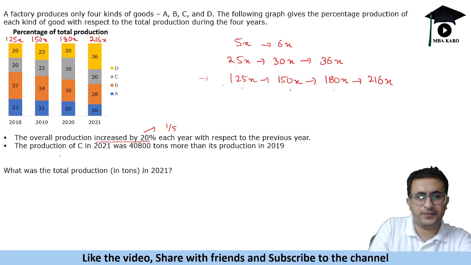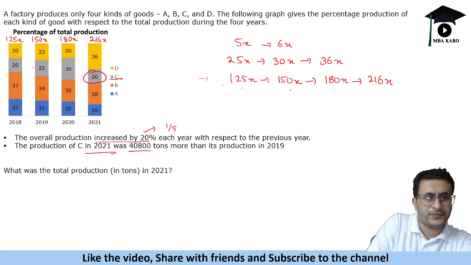Now it is given that production of C in 2021 is 408 more than in 2019. Okay, so 2019 C is 22%.